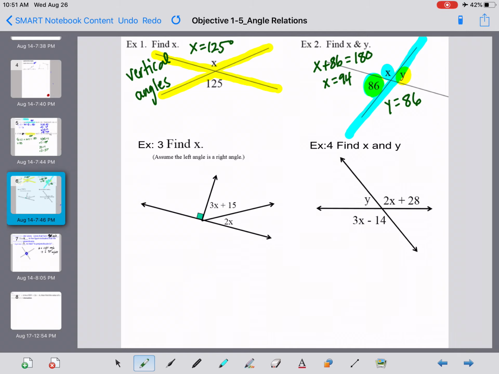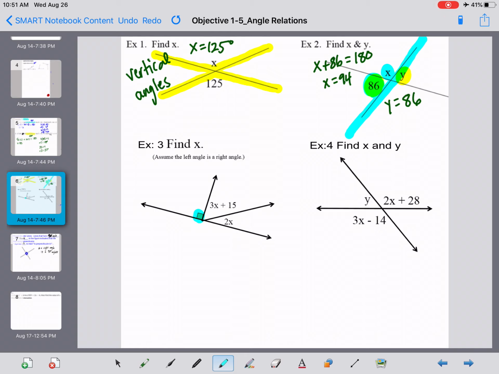Okay, example 3, find x. And then beneath it says, assume the left angle is a right angle. Well, first of all, when we've got this little square right there, that indicates it is a right angle.